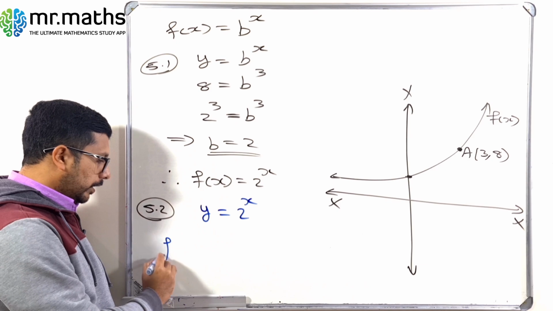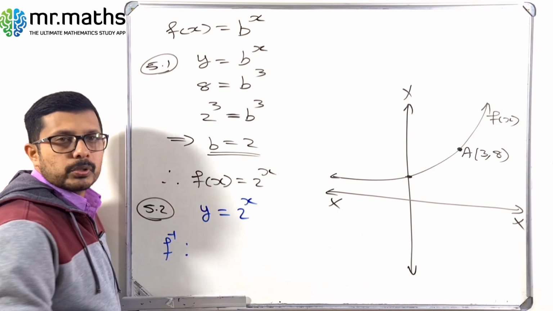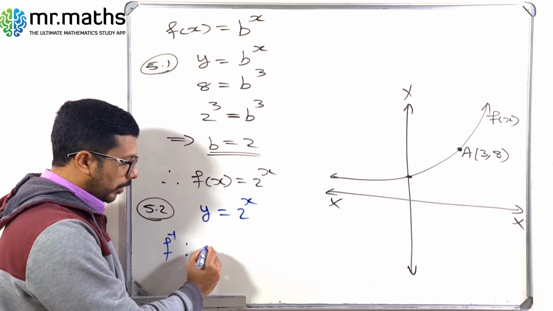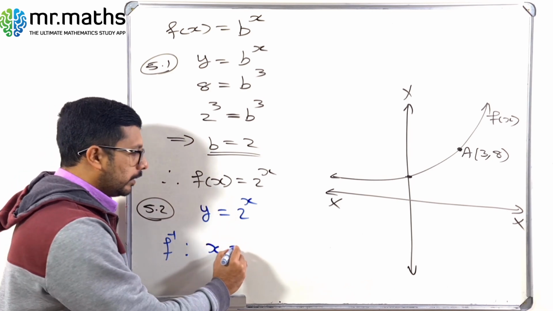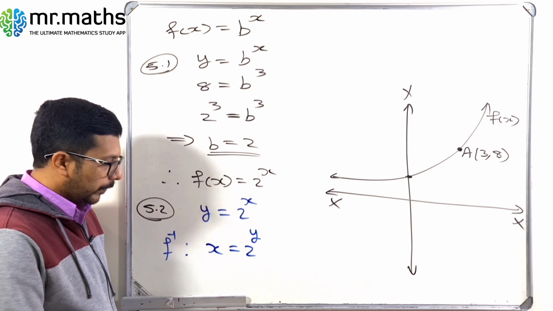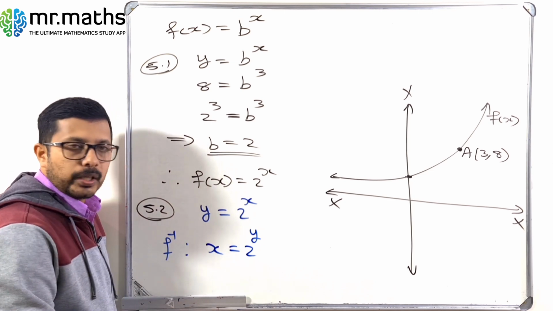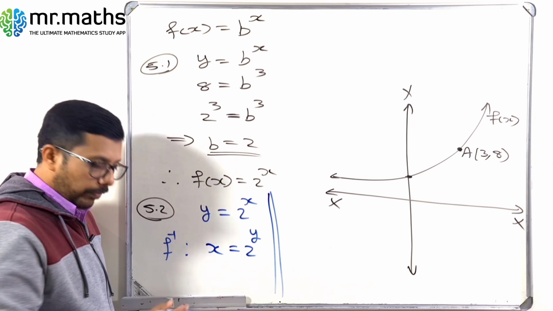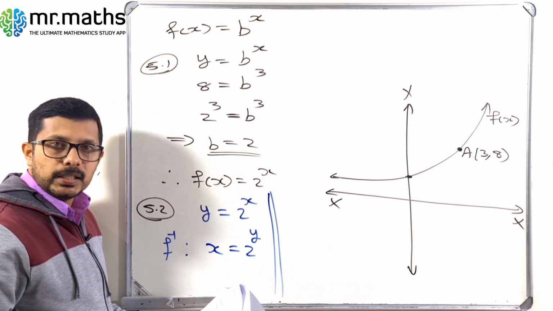To find the inverse, what are you supposed to do? You have to swap x and y. So this y you write as x, and this x you write as y. So x is equal to 2 raised to y, but you can't write the answer like this. They want the answer in the form y is equal to.